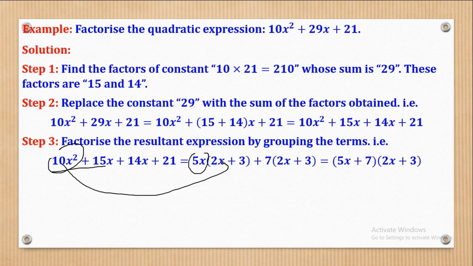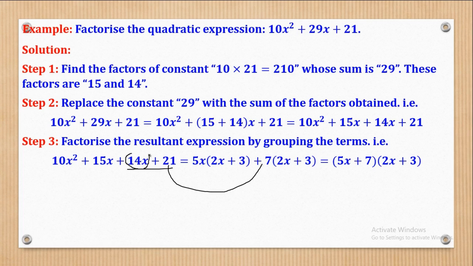Then 15x divided by 5x will come up with 3. Then for these other 2 terms, the common factor is 7. So pull out 7, it means that 14x divided by 7 you'll remain with 2x, and 21 divided by 7 you'll come up with 3.